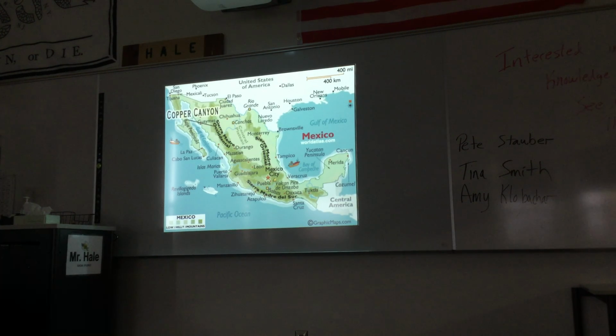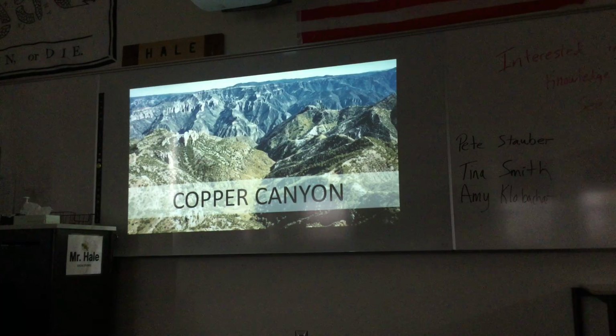It's kind of been carved by rivers. Here, though, it's actually 6 different rivers that have carved Copper Canyon. It is 7 times the size of the Grand Canyon, so this is way bigger.